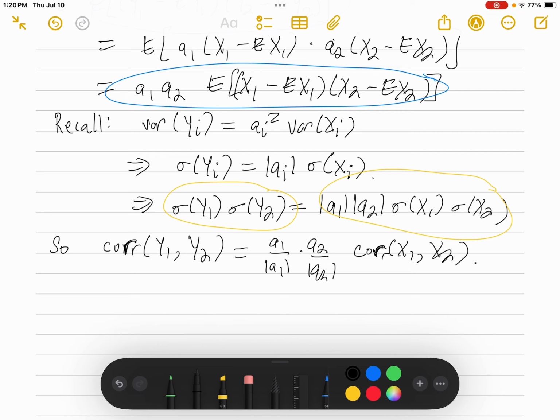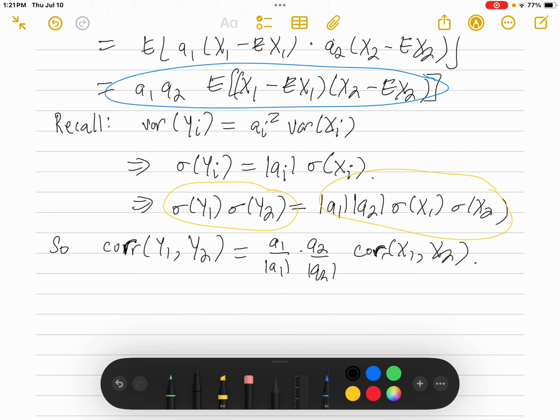So when a1 and a2 are positive, what happens to the correlation? If you have x1 and x2, and you take y1 to be 1,000 x1 plus 7, and then y2 to be 1,000,000 x2 plus 9, how does the correlation of y1 and y2 relate to the correlation of x1 and x2?